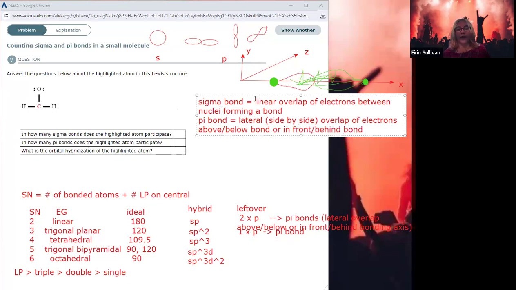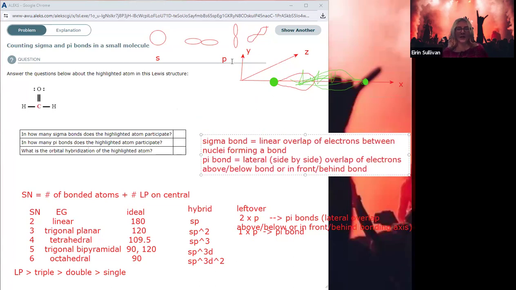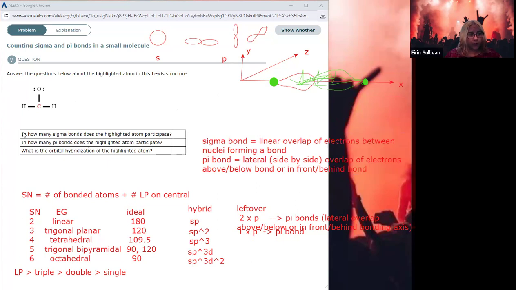So I'll show you what I mean. Pi bonds actually form from unhybridized p orbitals. So if we imagine we had a py this way, let's draw it over the nucleus. My py is above and below the nucleus that's forming the bond, and so is this one.